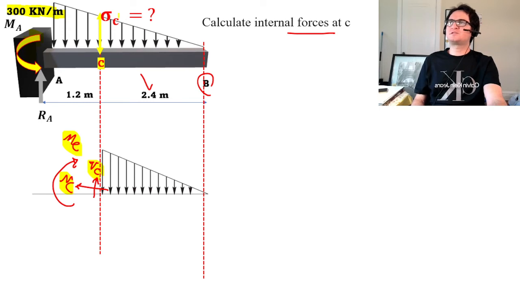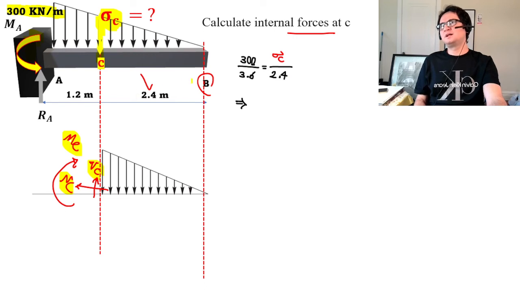So first of all, we want to know what sigma c is. If we develop the relation, when the whole length of 2.4 plus 1.2 is 3.6 meters, sigma goes by 300.